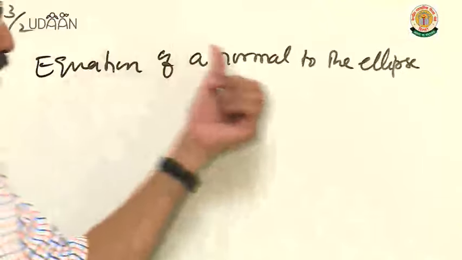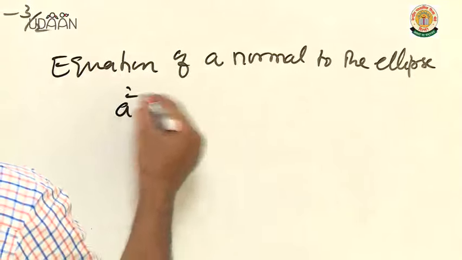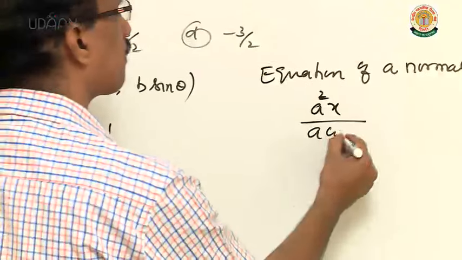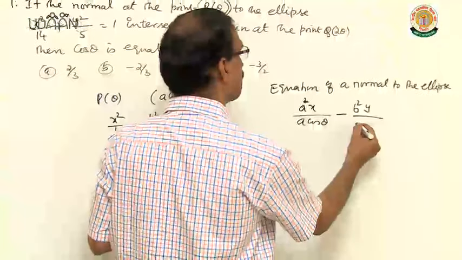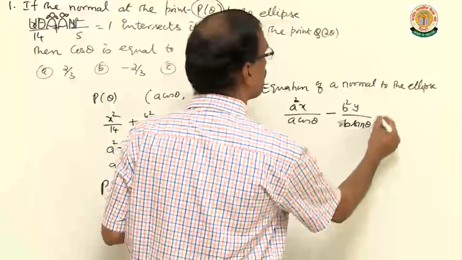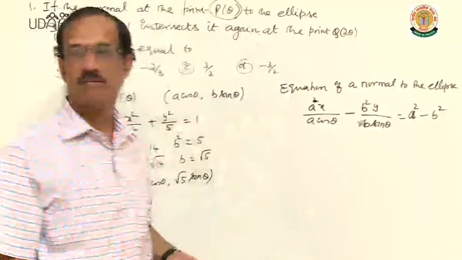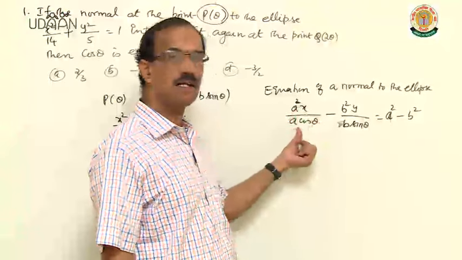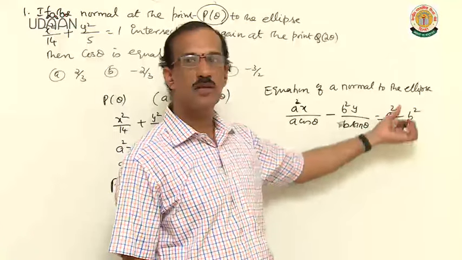Now the equation of a normal to the ellipse. Already we know that it is a square x upon a cos theta minus b square y upon b sin theta equals a square minus b square.